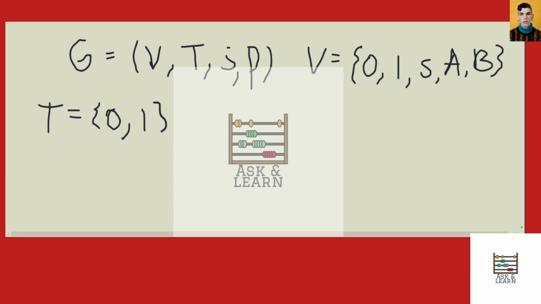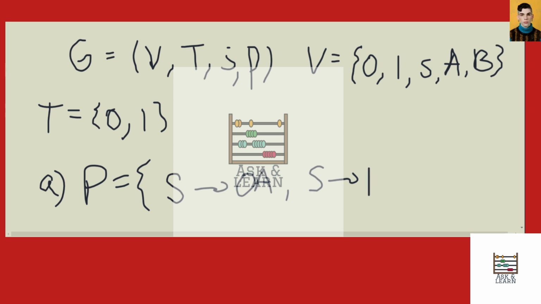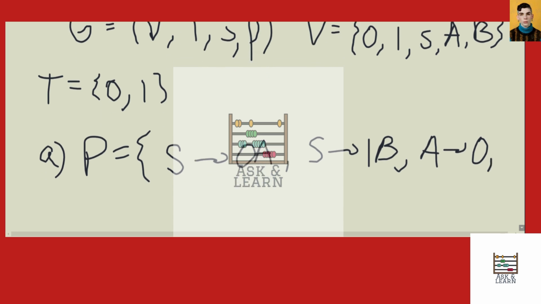and then in part A, we're given that the set of productions is: S can be replaced by 0A, S can be replaced by 1B, A can be replaced by 0, B can be replaced by 0.